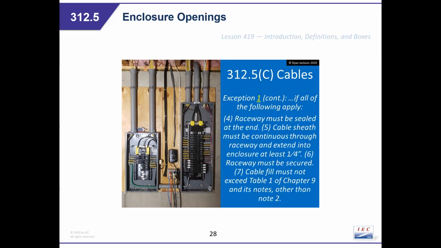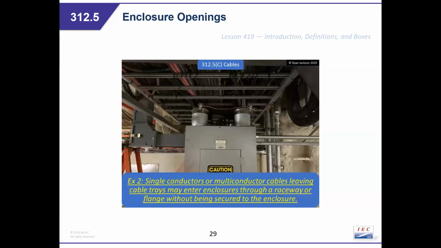Okay. 4, raceways must be sealed at the end, and then cable sheath must be continuous through the raceway and extend into the enclosure at least 1/4 inch. 6, raceway must be secured, which is obvious. And 7, cable fill must not exceed Table 1 of Chapter 9 and its notes, other than Note 2. Okay.